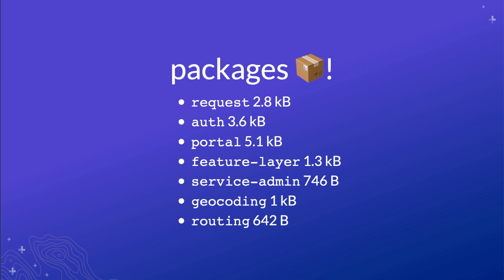Feature layer is for querying and editing data in a feature service layer. Service admin is for managing metadata about a specific service. Right now it only contains functionality for dealing with feature services, but it's meant for things like creating a new service, adding layers or other properties to a service.